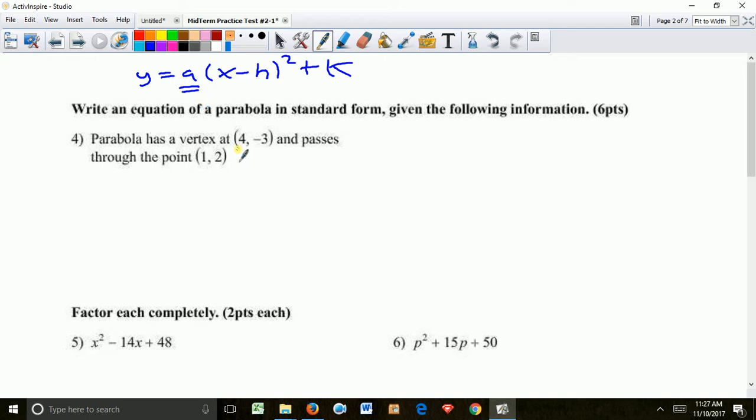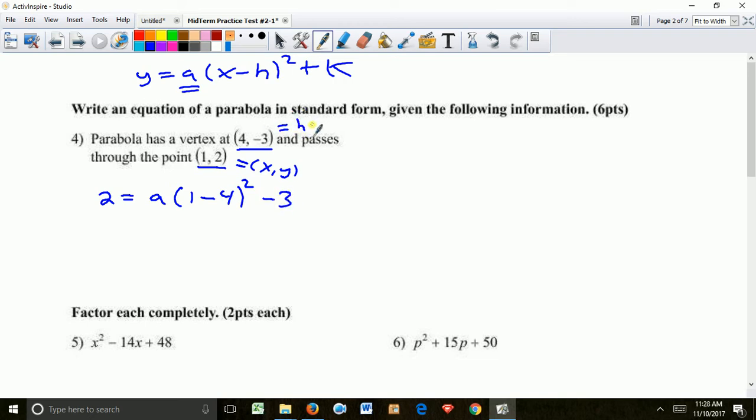So the vertex of the parabola is 4, -3. We're going to the point 1, 2. So plug in 2 for y, and then set that equal to a times 1, because this is xy. And then you're going to take minus h, which is 4 squared, plus -3, or just -3.